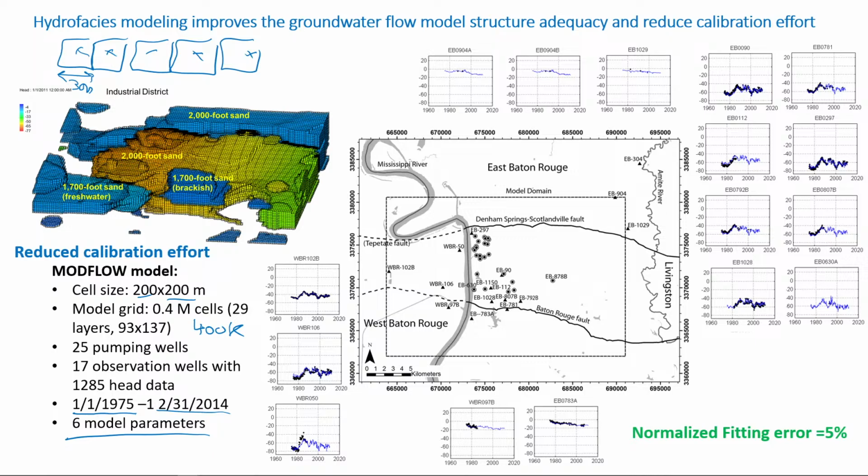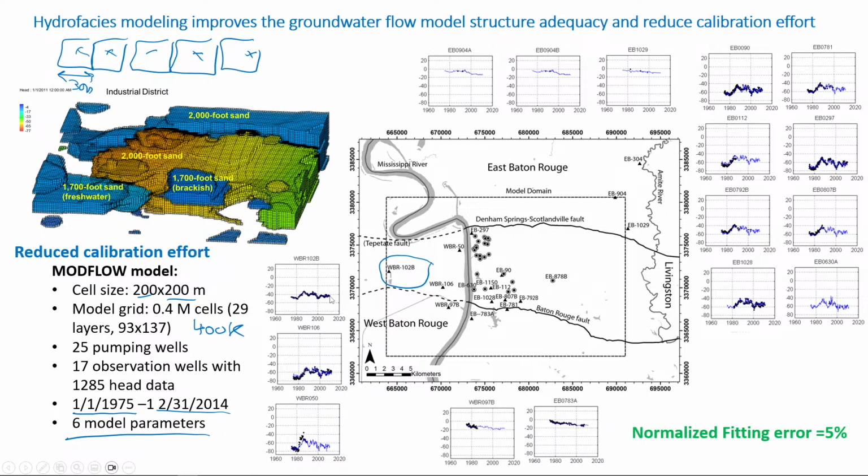What you can see in this figure, for example, is this pumping well, West Baton Rouge 102 B, which is this one here. I have data for this one from about 1980 to 2014.